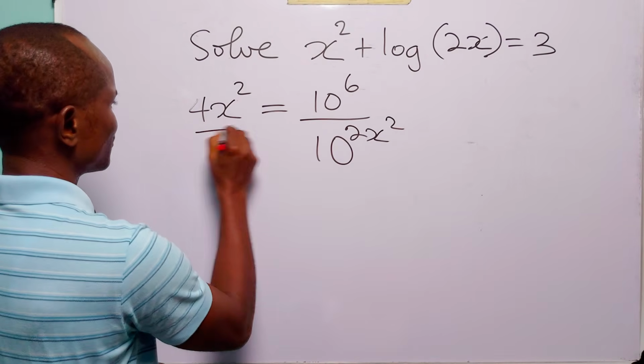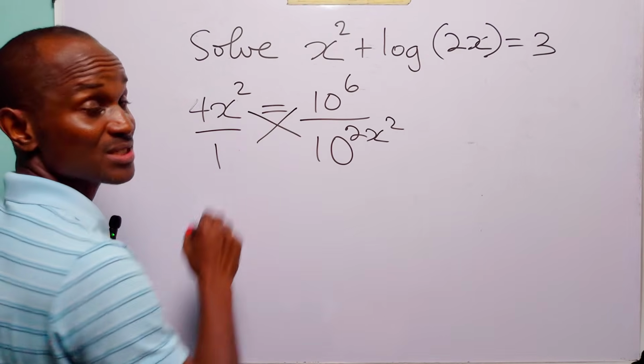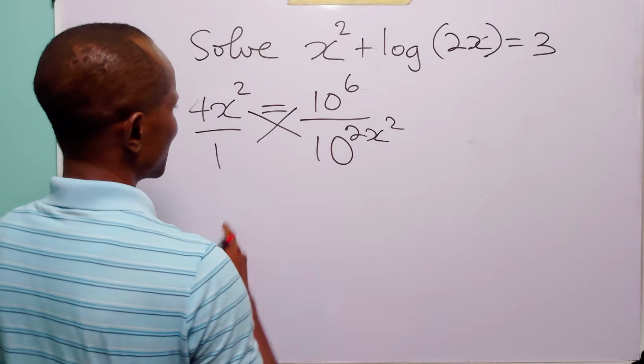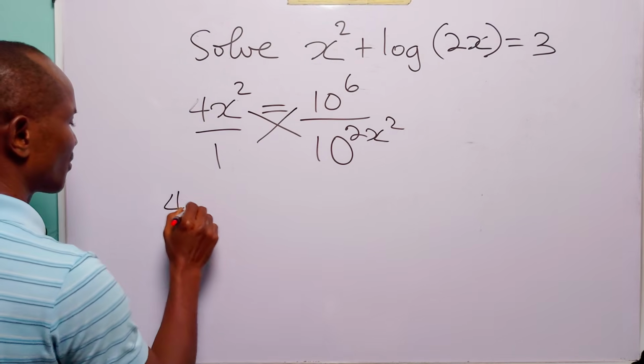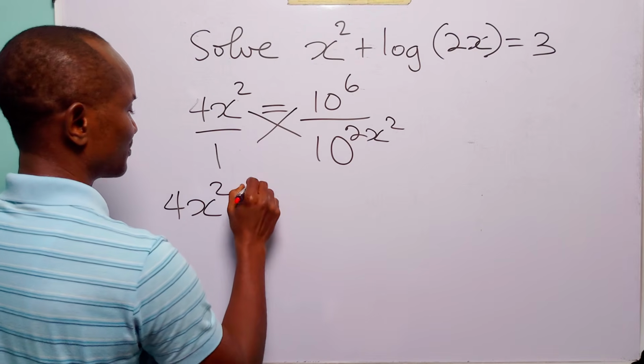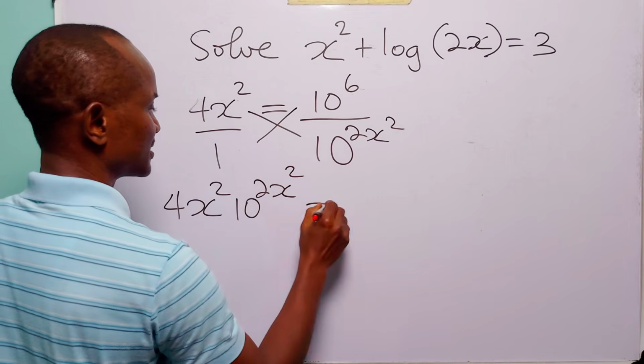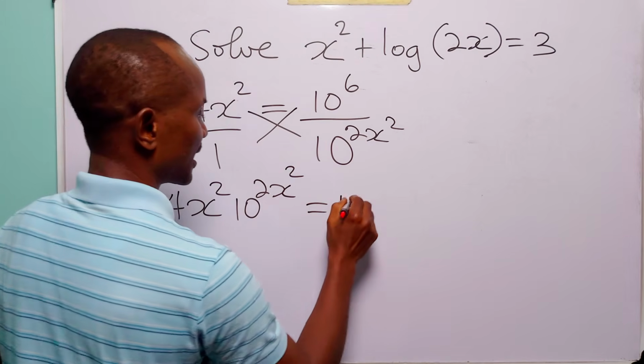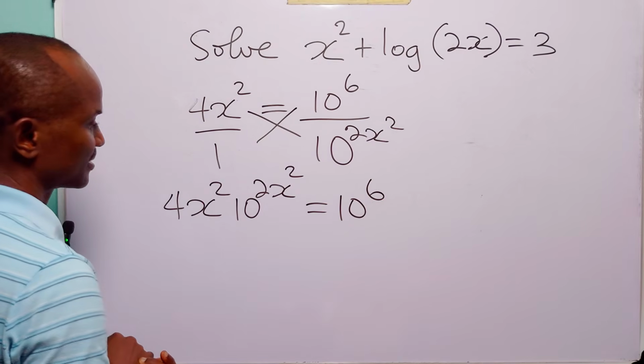Now, of course, the next thing we are going to do is cross multiply. When we do that, we have that 4x squared times 10 to the power 2x squared is equal to 10 to the power 6.